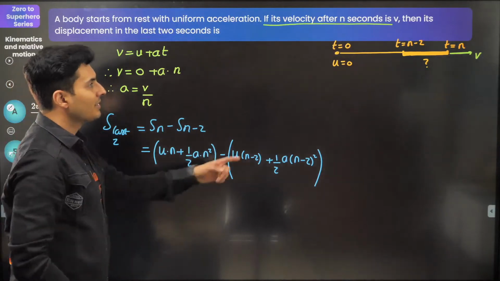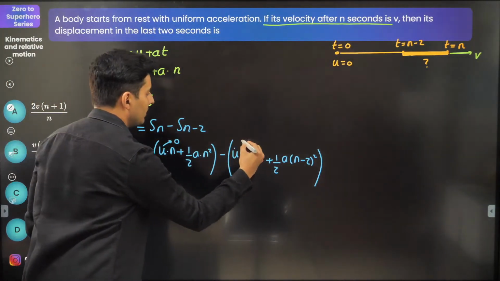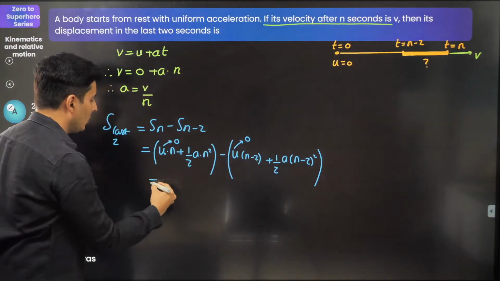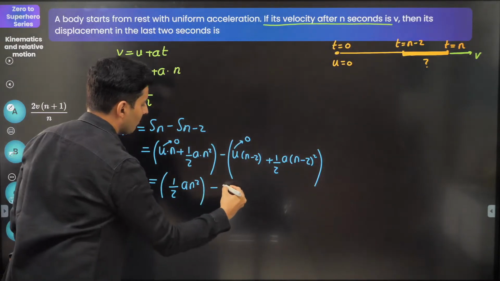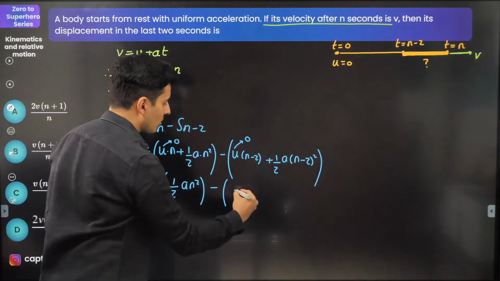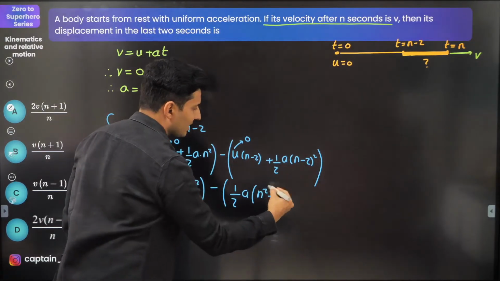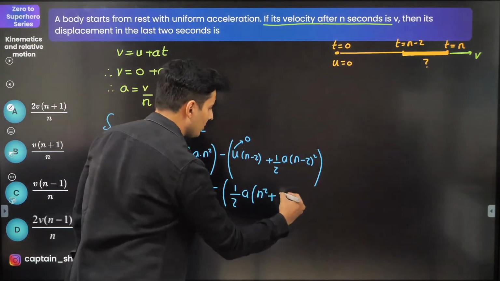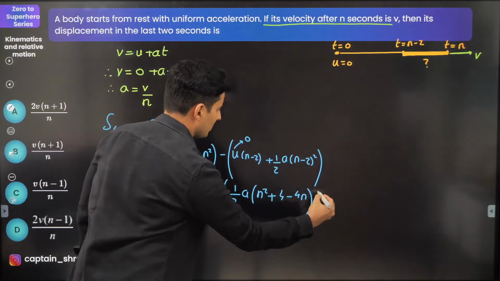Now u is 0, so this is 0, and this is also 0. 0 into anything is 0. So I'm just left with half a n square minus half a into n minus 2 whole square. n minus 2 whole square is n square plus 4 minus 2 times 2 into n, that is 4n. Just check this out.